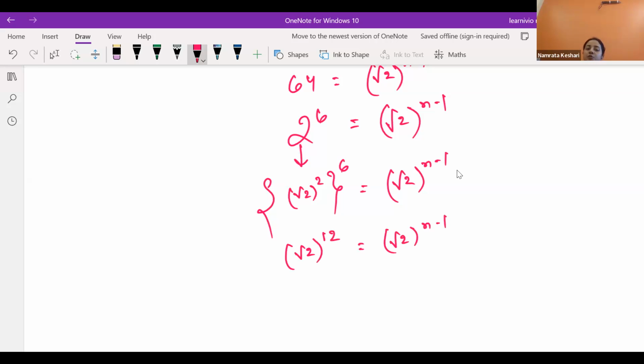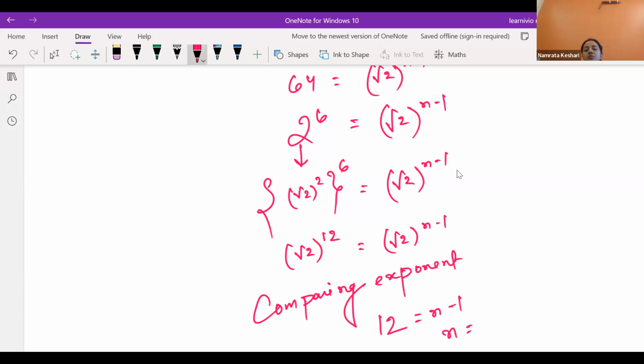We will compare exponents on both sides and we will get the n value. 12 equals n minus 1, n equals 12 plus 1, 13. Getting it, Nabeela? Yes, ma'am. So the given term, which term is this? The 13th term is that.